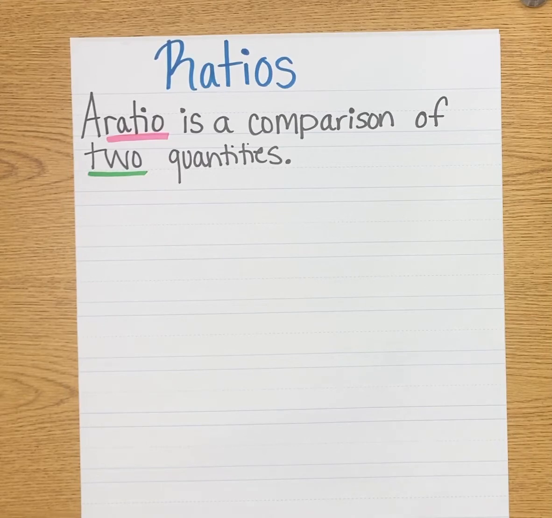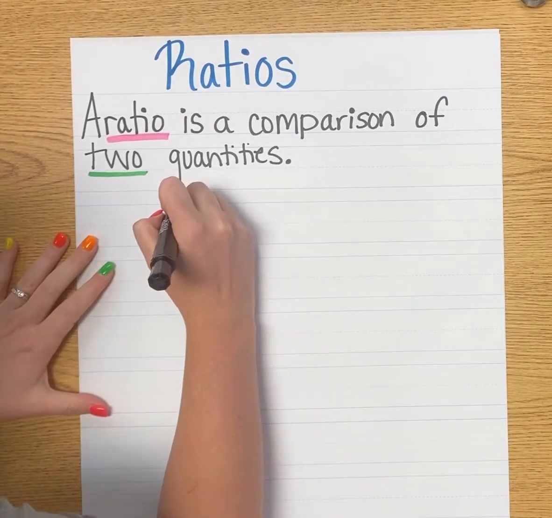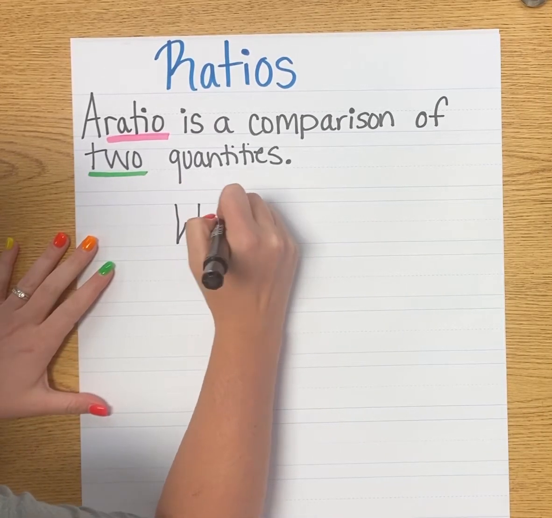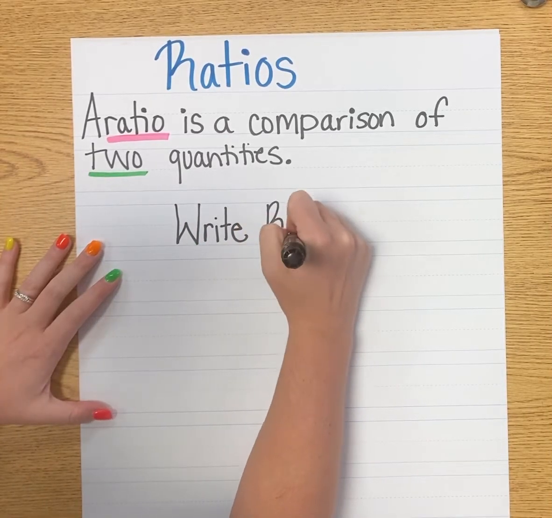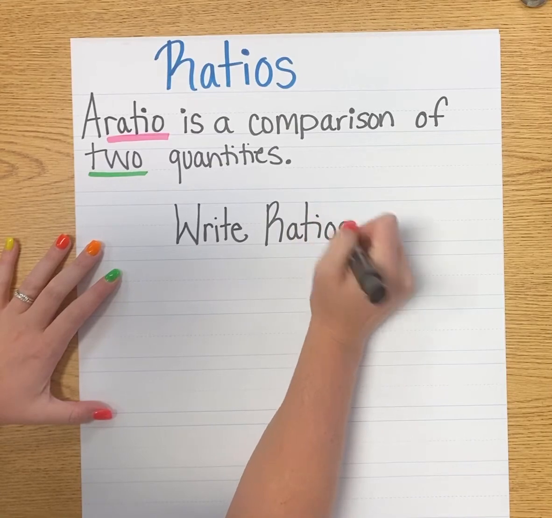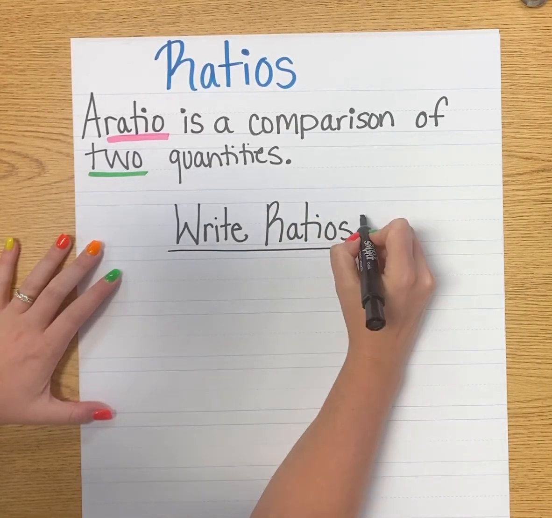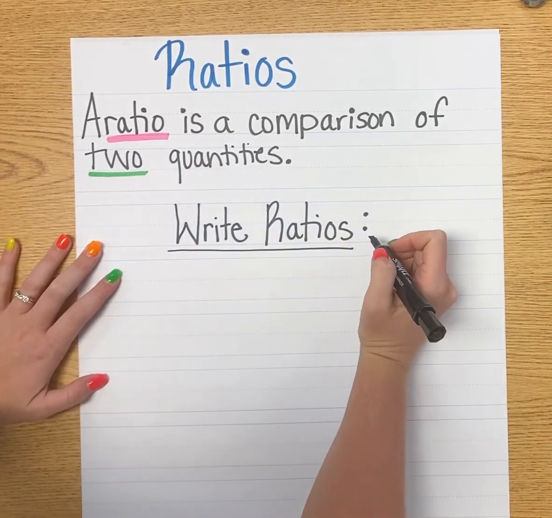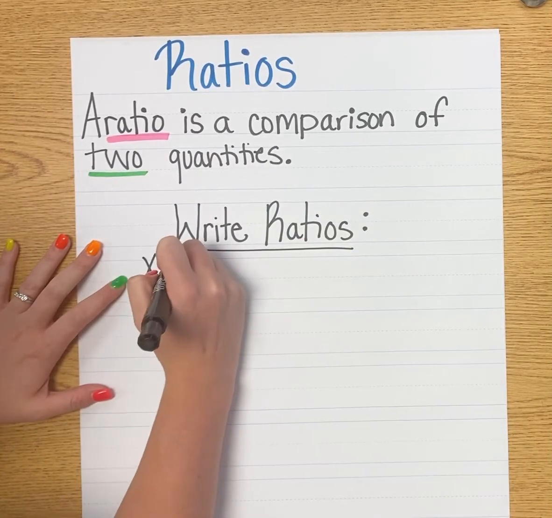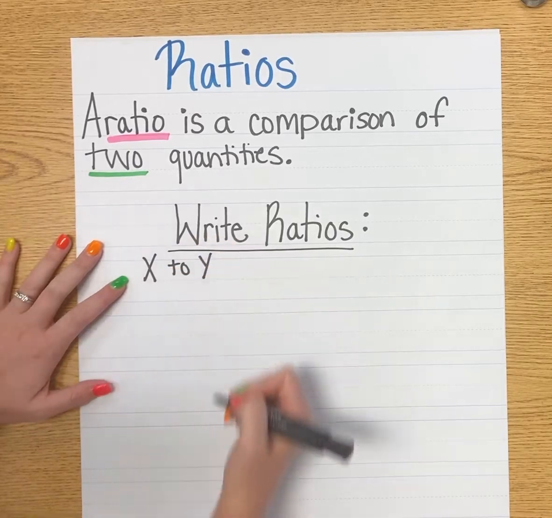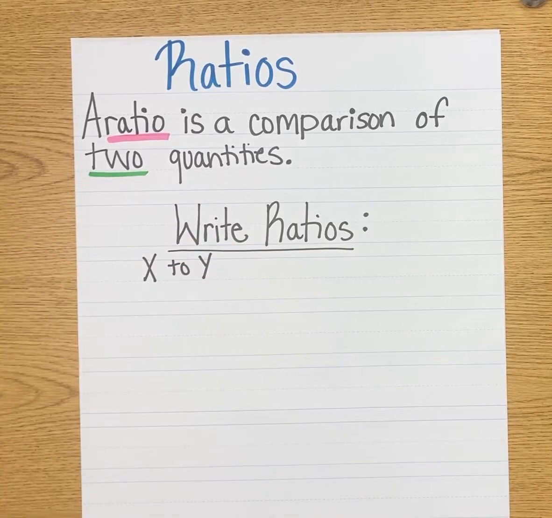So we can write ratios in three ways. Okay, so we can say the first quantity is X, and we can compare it to Y. That's like the same thing when people say apples to oranges.